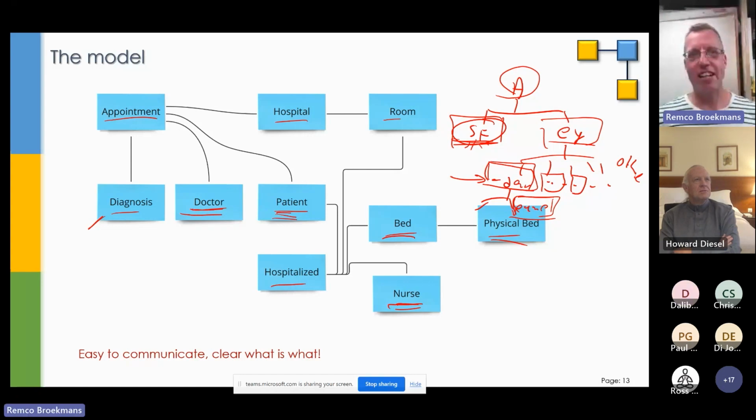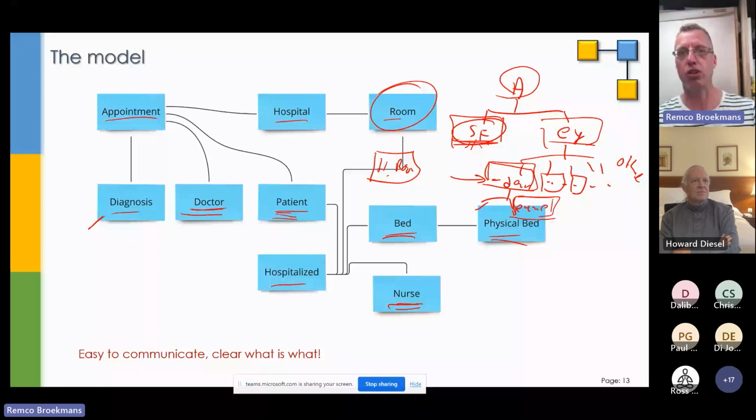Absolutely, and again, by the way, I would definitely try to simplify my model as much as I can. I would say on room, I might want to say I have a room or area or whatever, and maybe there's some level in between called hospital room, meaning the actual room where beds are situated, where patients are lying down.